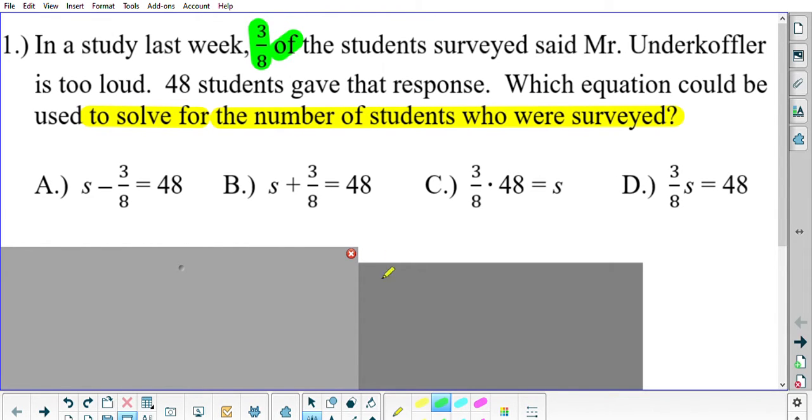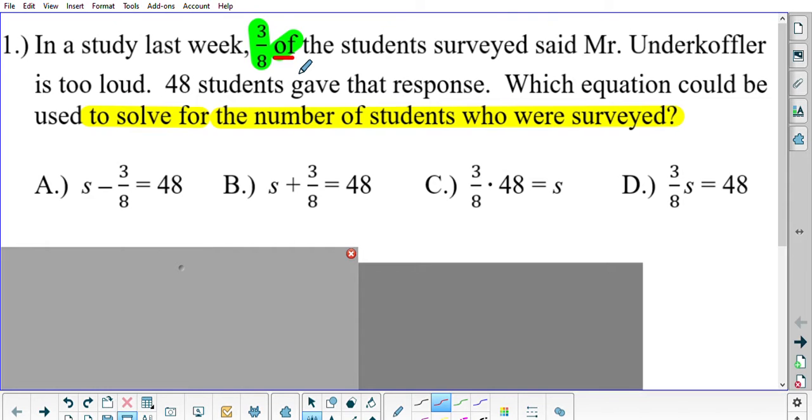But when you have a number and then immediately after it you have the word of, then the word of actually means something mathematically. And you might want to jot this down. This is something we haven't talked about in a while, but it could definitely be showing up on a quiz or test.